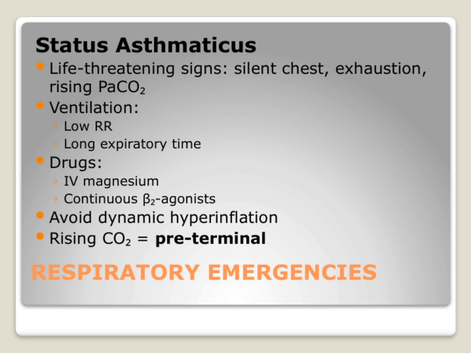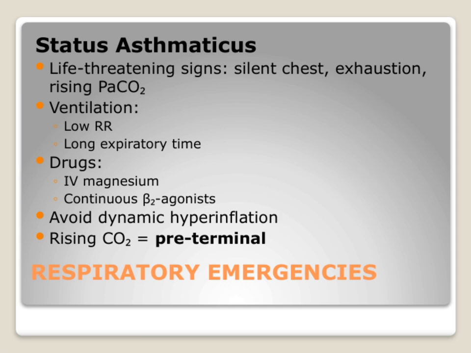Remember, if CO2 levels start to rise significantly, that's a pre-terminal sign, meaning the patient's condition is deteriorating rapidly. All these points highlight how respiratory emergencies like status asthmaticus require prompt recognition and careful management to prevent progression to respiratory failure.